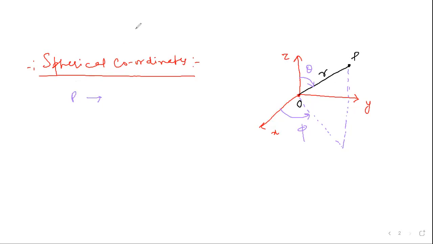We said in Cartesian coordinates it will be designated by x, y, and z. Those are Cartesian, because we are talking of now three dimensions. There are three coordinates. These are Cartesian coordinates. Now in spherical polar coordinates, it is designated by r, theta, and phi.